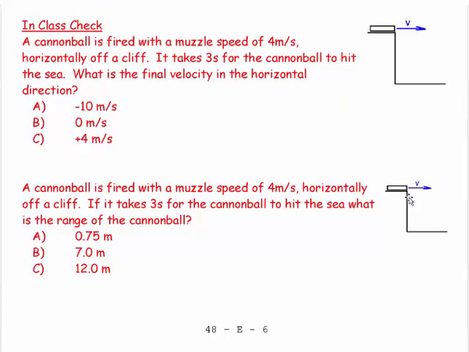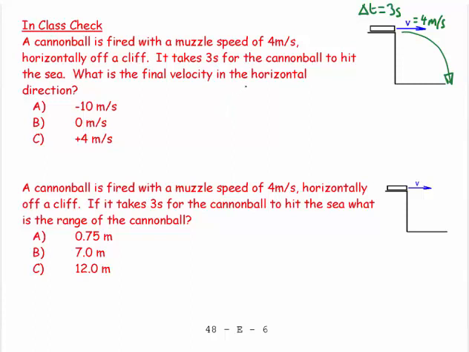Let's look at another one. A cannonball is fired with a muzzle speed of 4 meters per second horizontally off a cliff. It takes 3 seconds for the cannonball to hit the sea. So my delta t equals 3 seconds. What is the final velocity in the horizontal direction?